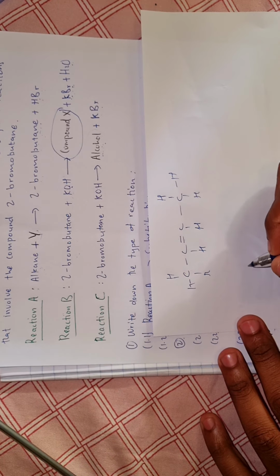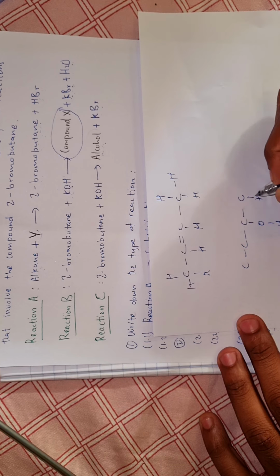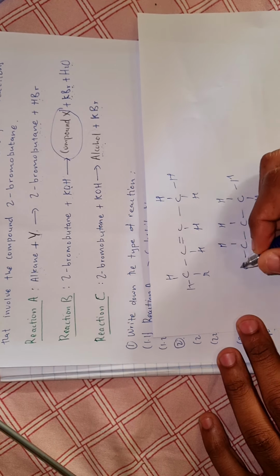It's going to be butane, 1 2 3 4, and therefore there will be OH here, and here we have H, H, H, H, H, H and H, and this will be the structural formula of the alcohol formed during reaction number C. And that will be number 4.